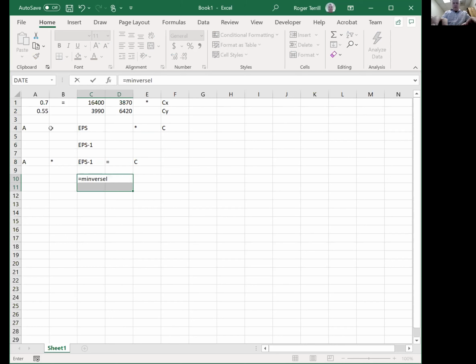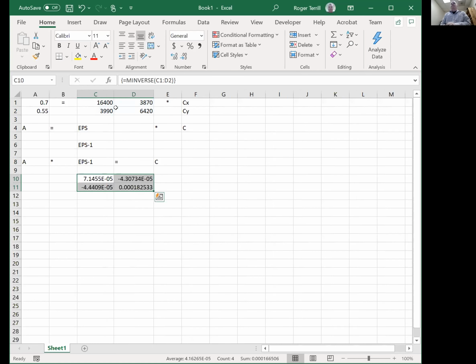If we can invert this matrix here, then we should be good. Yay! It came out okay.